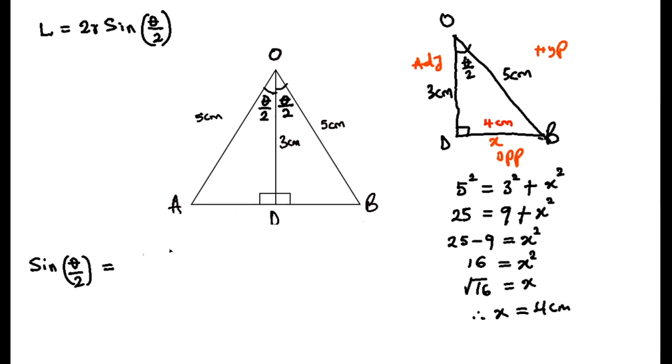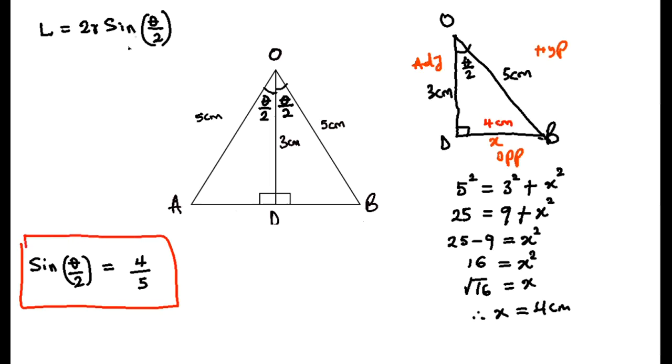So what is my opposite here? It is 4, the 4 I just found now. 4 over what is the hypotenuse? 5. Yes, 5. So this is a nice result here, that sine theta over 2 is just 4 over 5.